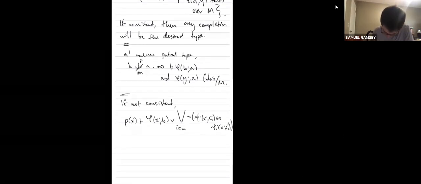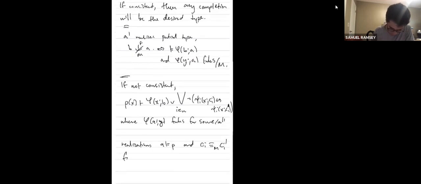This should have like a prime moment where φ(a, y) forks for some or all realizations a satisfying p, and c_i has the same type over m as c_i' for all i less than n.